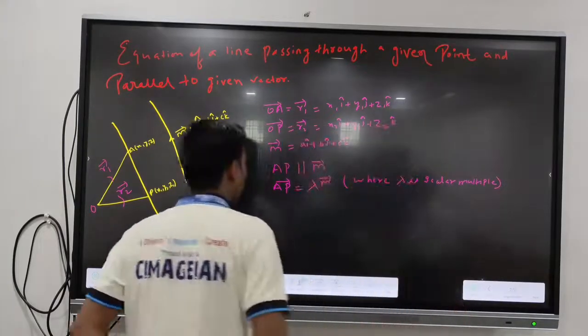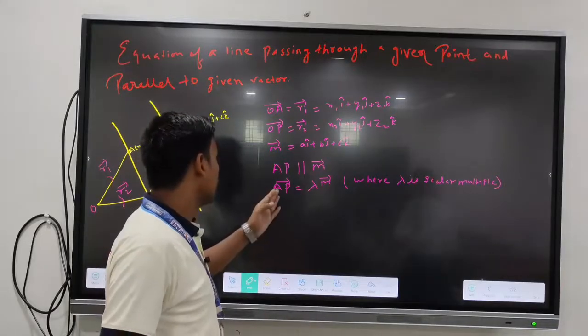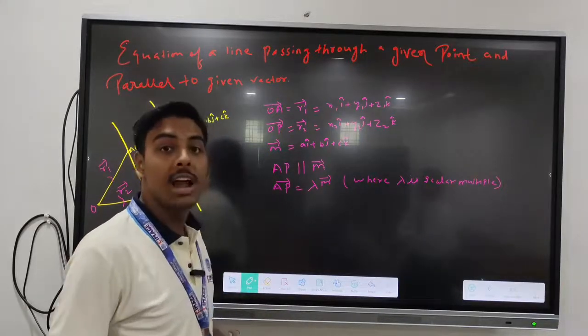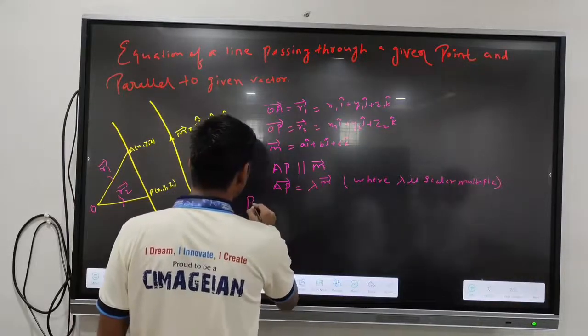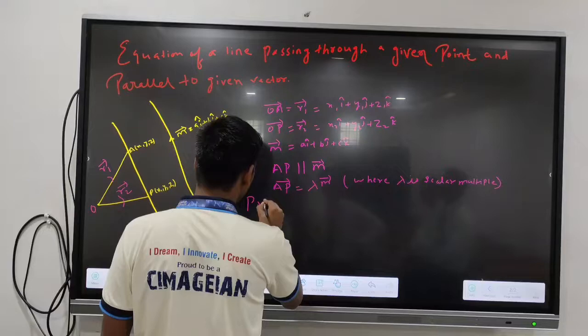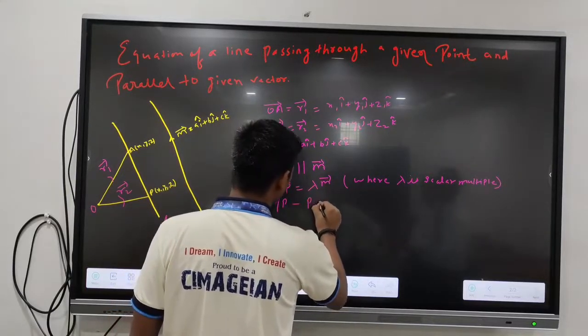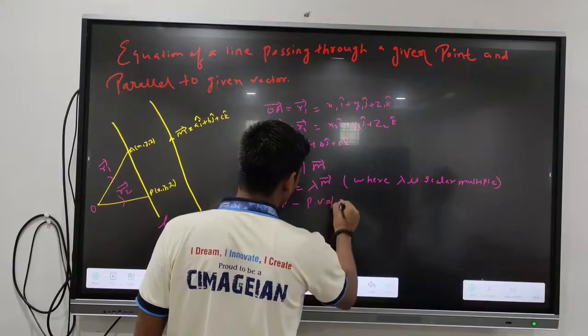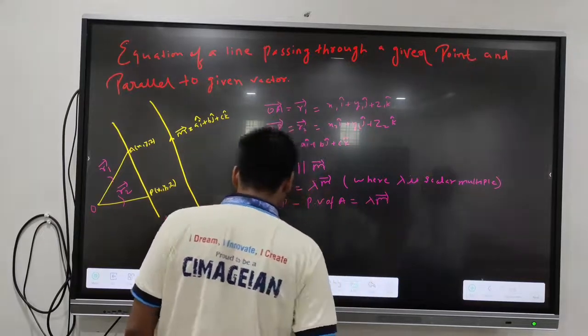Now again we can find the position vector of AP. Basically, the position vector of AP is the position vector of P minus the position vector of A, which is equal to lambda into M vector.